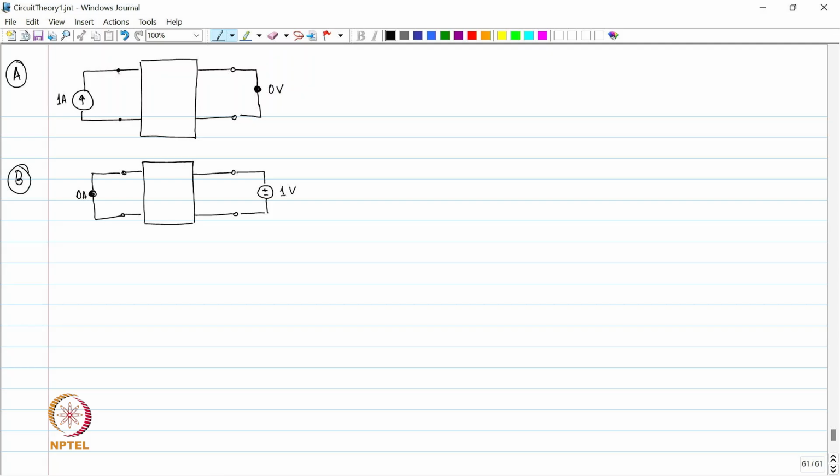And I am going to list out, first the voltages in experiment A, then the currents in experiment A, then the voltages in experiment B and the currents in experiment B as 4 different lists.